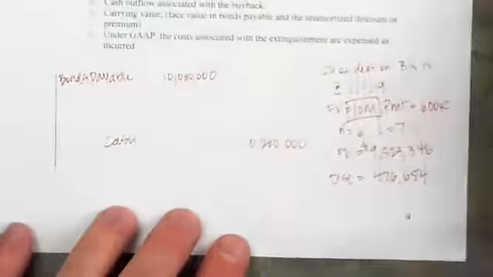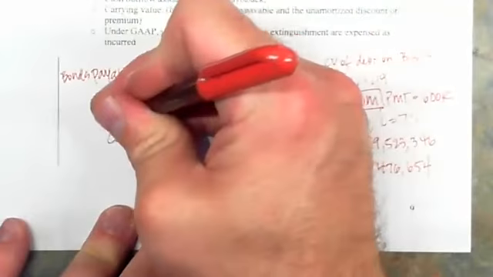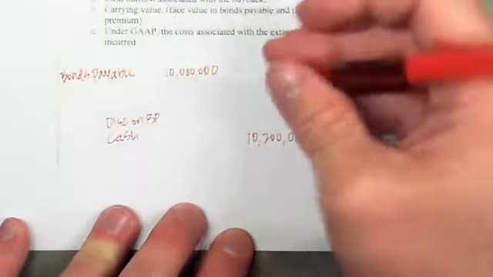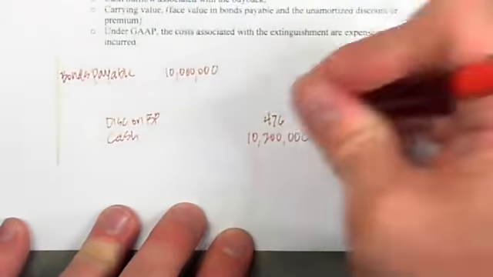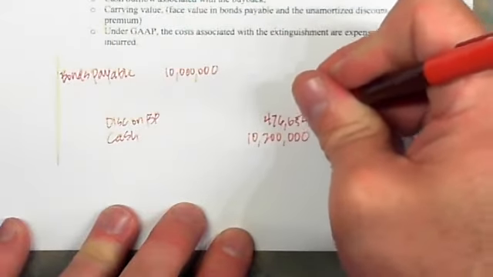So I know I want to get rid of the bonds at their face value. I have a discount remaining that I have to get rid of on these bonds of $476,654.